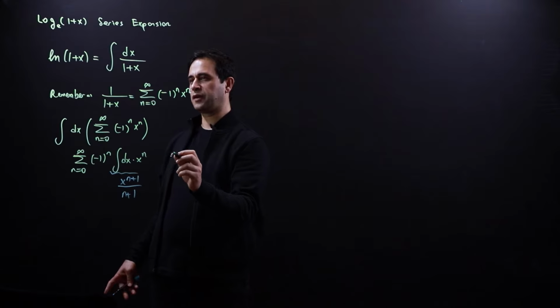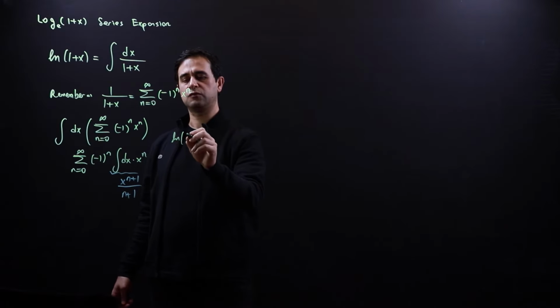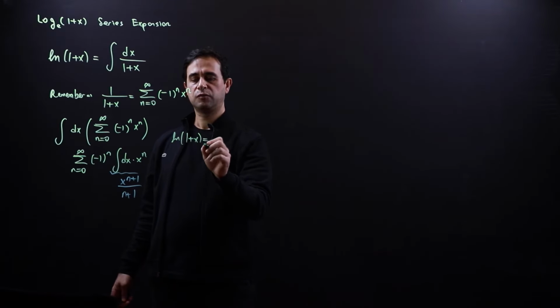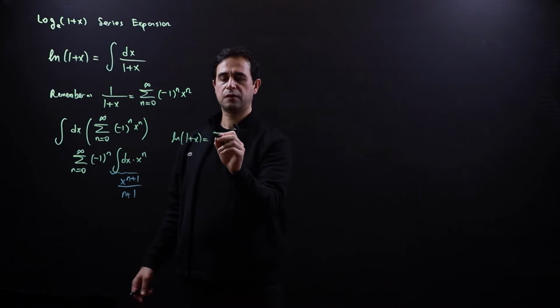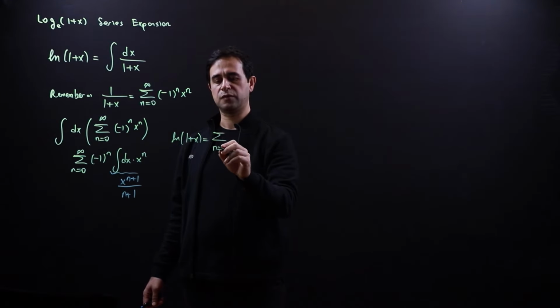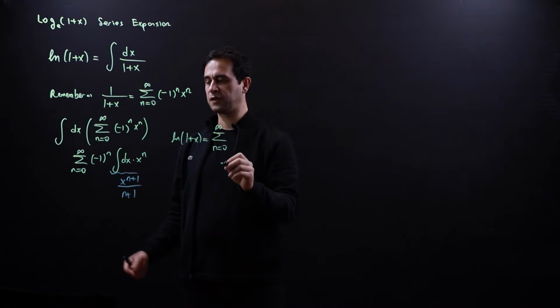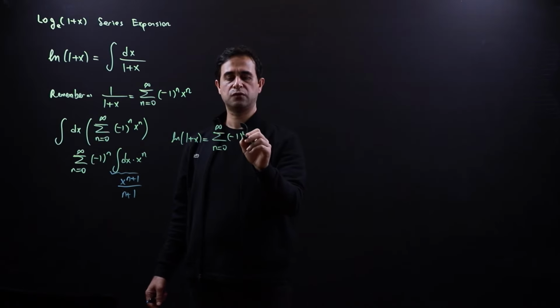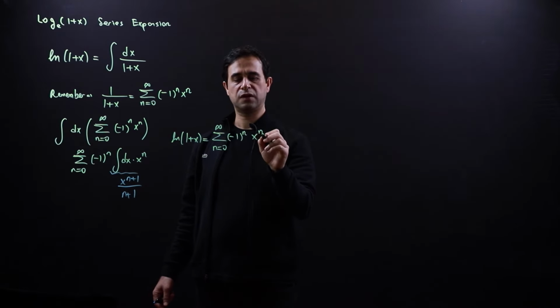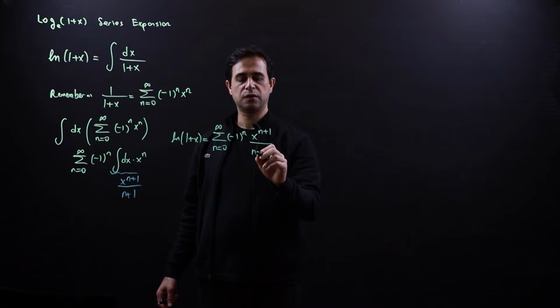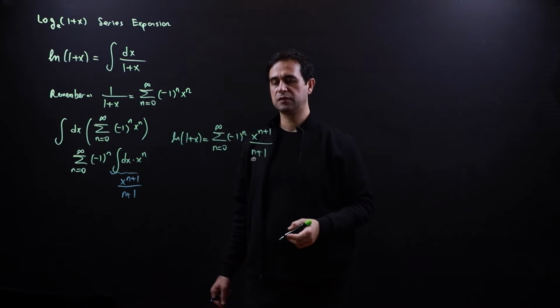So this whole expression of logarithm of 1 plus x becomes the series expansion from n equals 0 to infinity of minus 1 to the n times x to the n plus 1 divided by n plus 1.